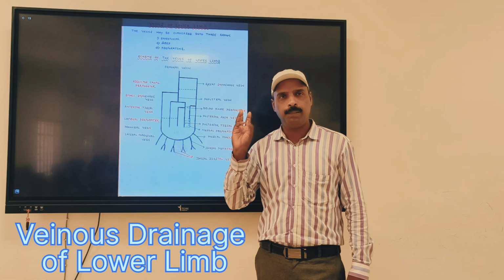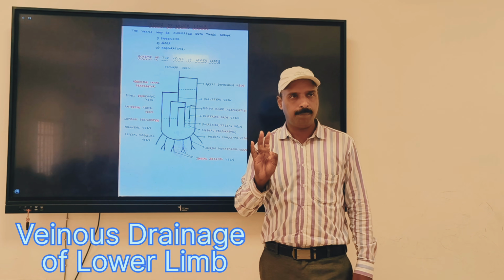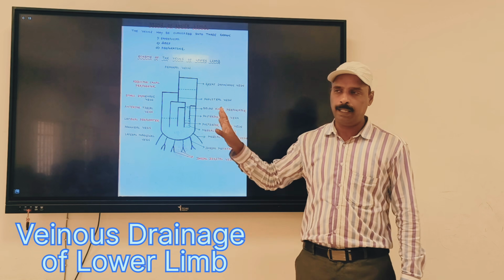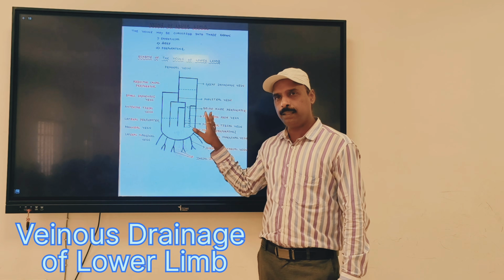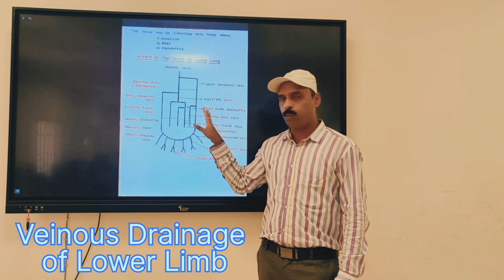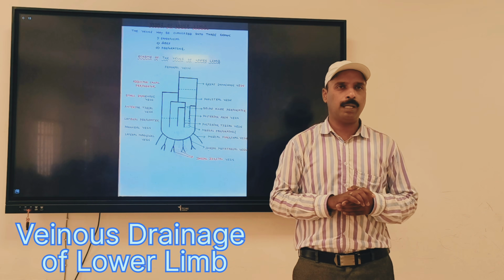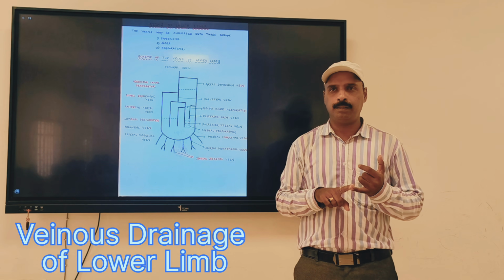So in clinical anatomy, calf pump, the soleus called the peripheral heart, and varicose vein: these three you have to write in the applied anatomy of the venous drainage of the lower limb. So the question will be asked, venous drainage of the lower limb. In that you should be able to write why it is important.